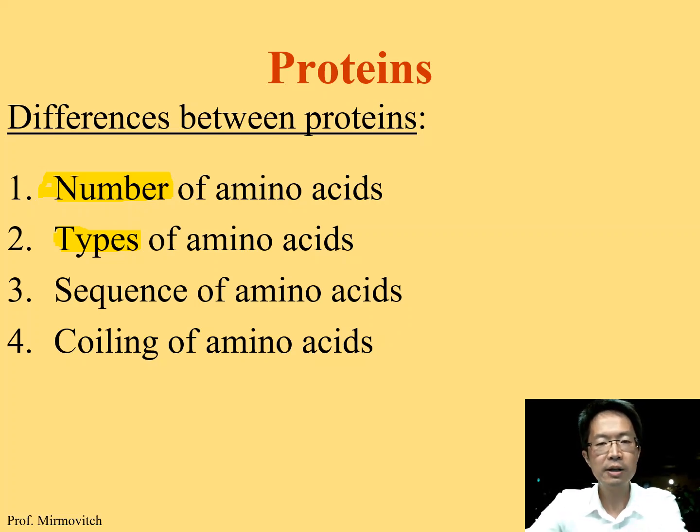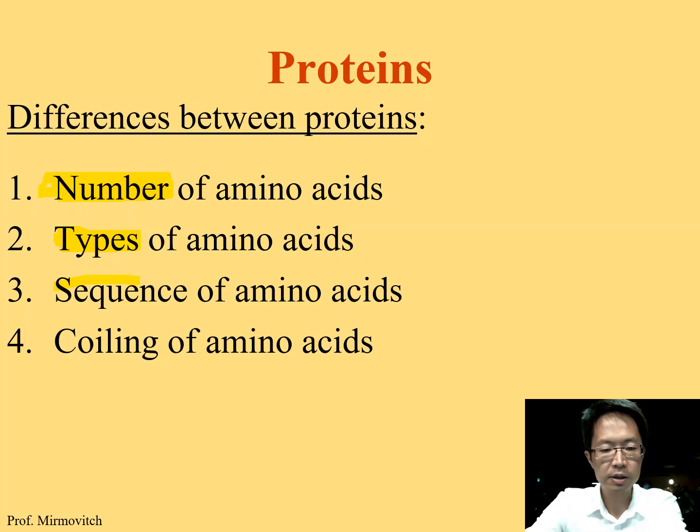Or one chain can have a lot of one type of amino acid, for example, you may have one polypeptide chain that has a lot of valine, okay? But another polypeptide chain may have a lot of glycine. So a polypeptide chain can have a lot of one type of amino acid.